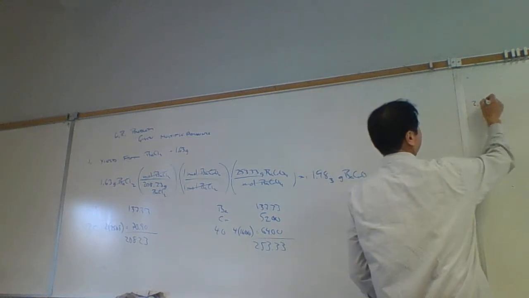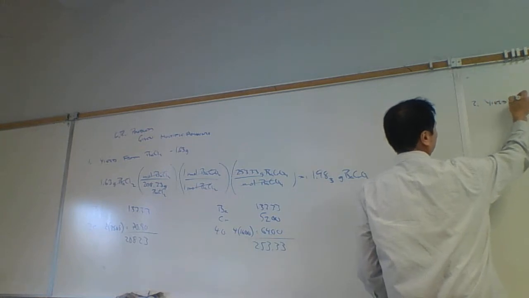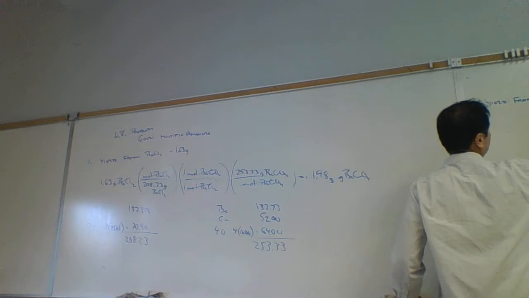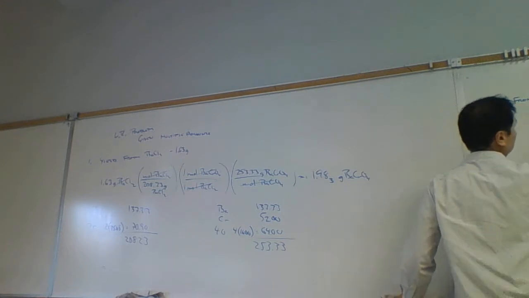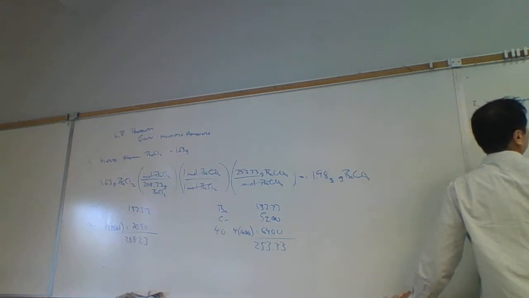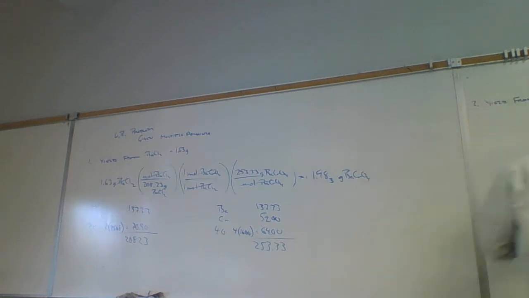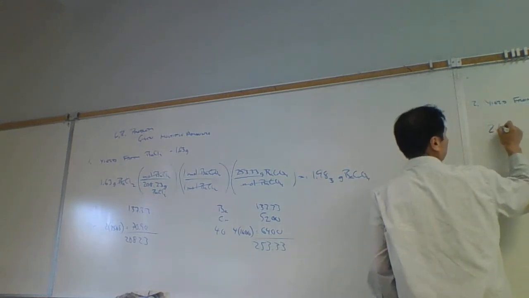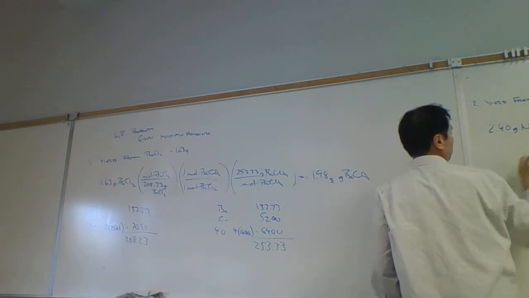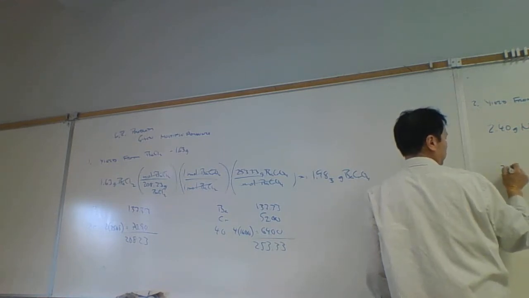And so 2, we'll calculate the yield from sodium chromate, the other reagent, Na2CrO4, and we had how many grams? 2.40 grams of this stuff. So 2.40 grams of sodium chromate, and we have 2 sodiums.